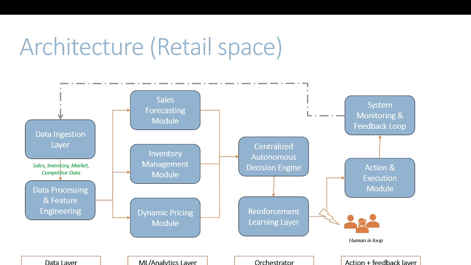This way, the loop goes on and on and on until the orchestrator is satisfied with the numbers it has produced. So it is now able to change the scenario, take the decisions by itself, and then finally produce a number which it gives to the human.